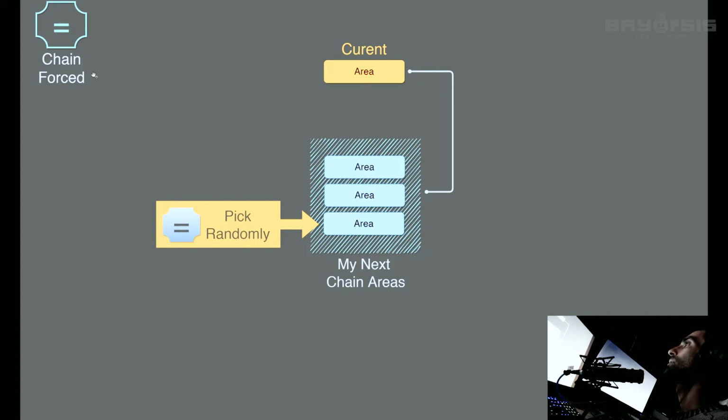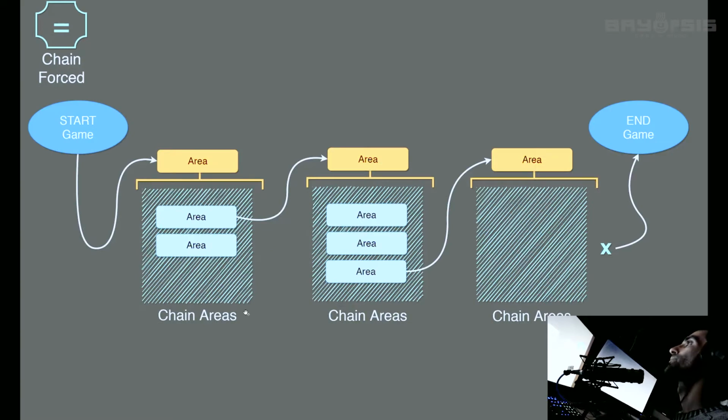Chain forced is the easiest one to explain. Each area has information of the next areas. So when we start the game, we start on a start area. This is kind of important. And then we look at its areas that are of this type.